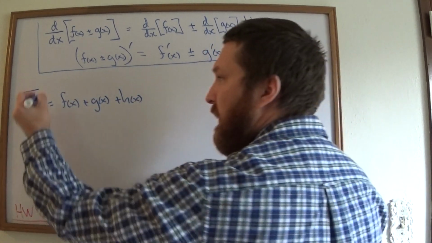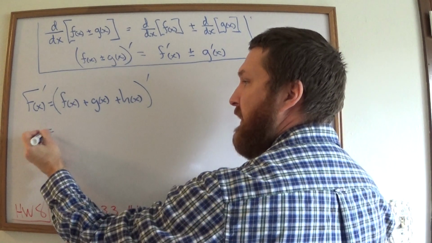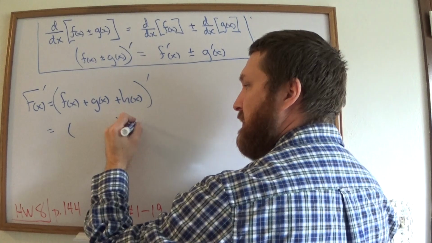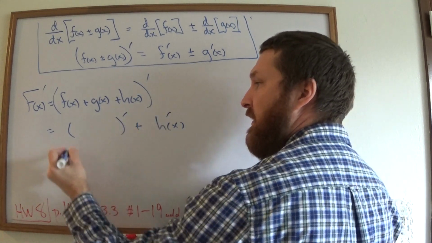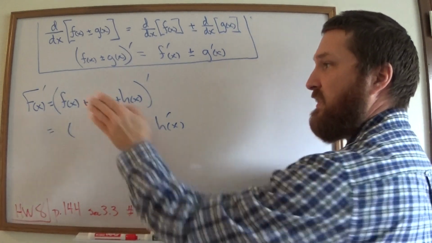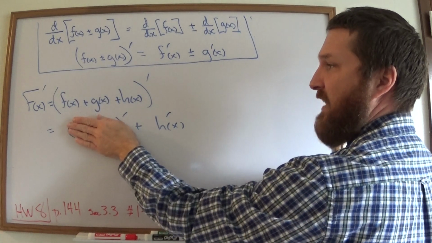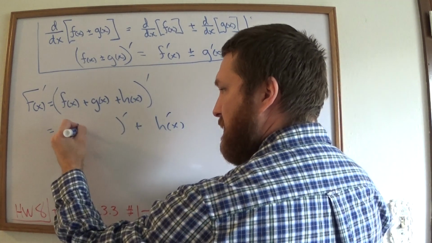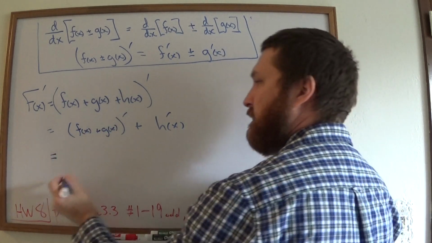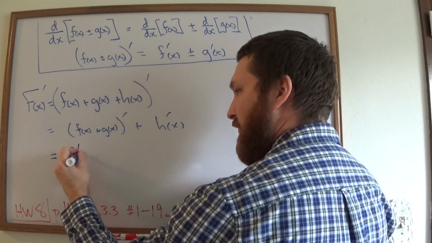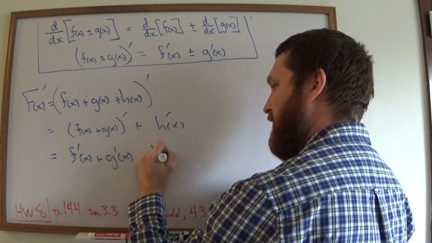Well, we could say the derivative of that is the same as taking the derivative of each piece. We can pretend that it's one function and just take the derivative of that thing. Well, that thing happens to be the sum of functions, and so that is just f prime of x plus g prime of x plus h prime of x.